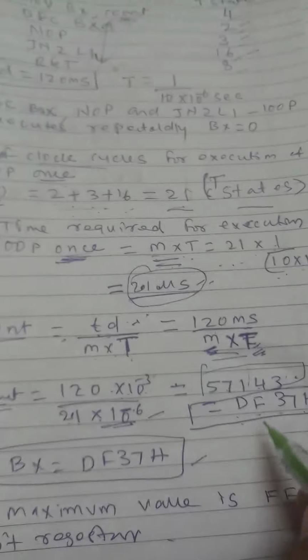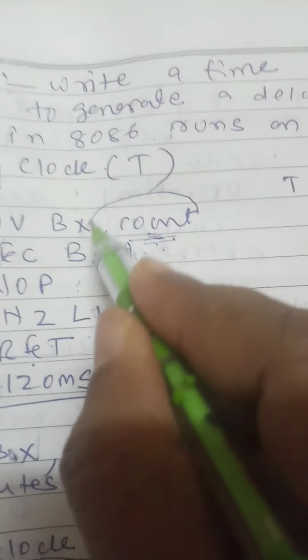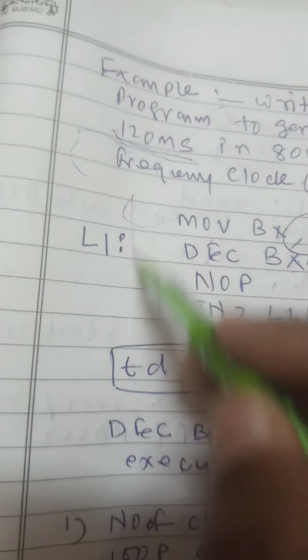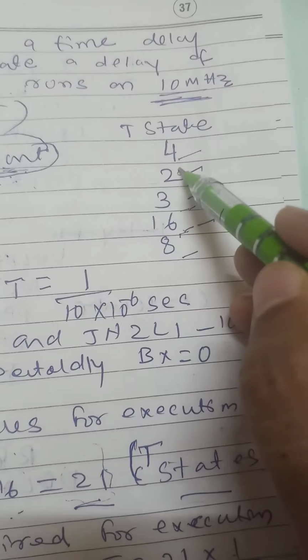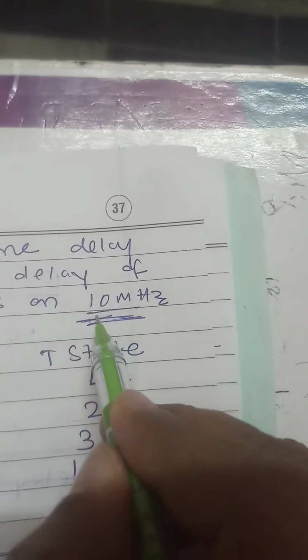So if you put this DF37H here in the count, this code generates a delay of nearly 120 millisecond. So based upon these T states and the clock frequency of 10 megahertz, we can find any delay in the program.